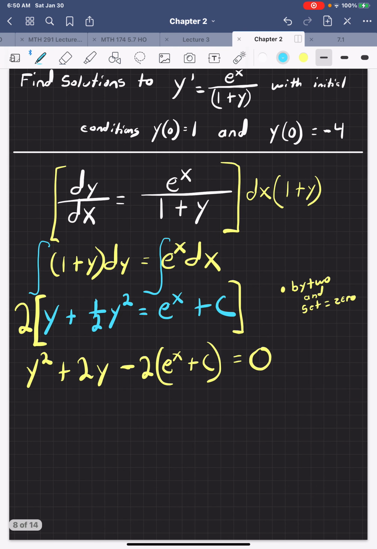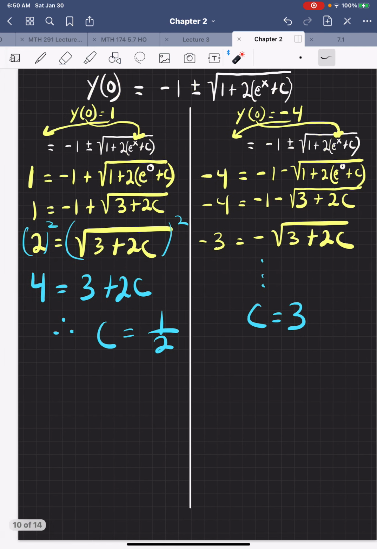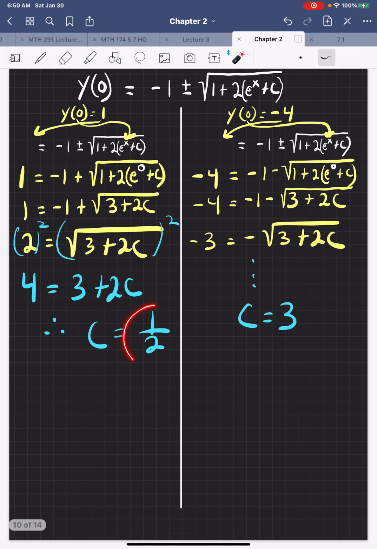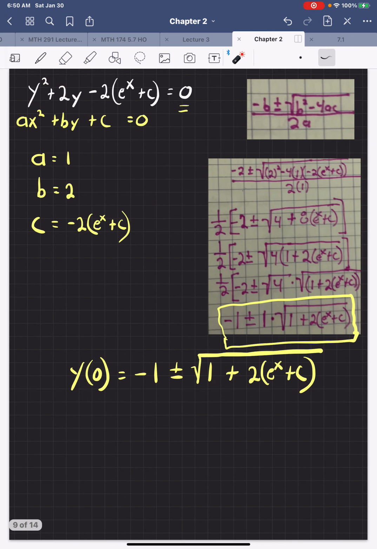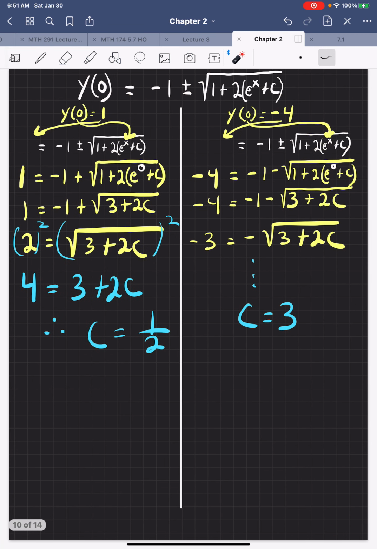Let's go back to the initial question: find the solutions with the initial conditions. So right here, you had the general solution. But now we're going to be taking c equals 1/2 and c equals 3, and plugging them in here so that we have the two particular solutions.